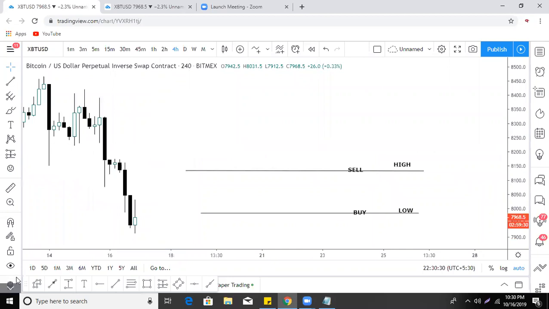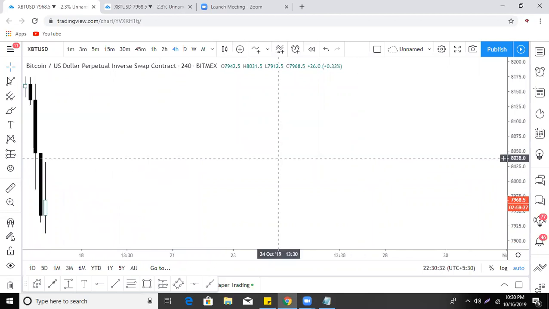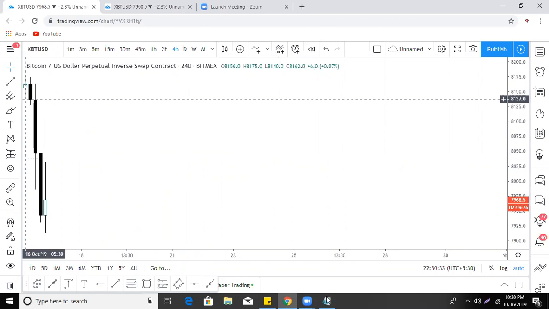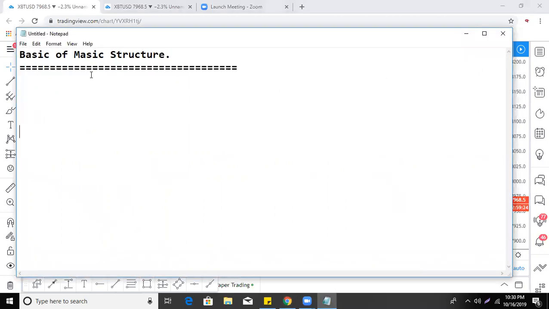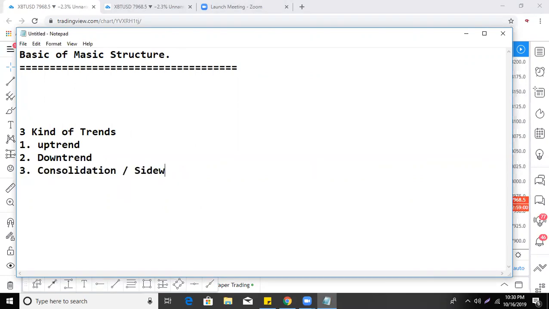Okay, and in this duration, in the chart, you see there are three kinds of trends in a price. Okay, so the very first is uptrend, second is downtrend, and the third one is, you can say, consolidation or sideways market.